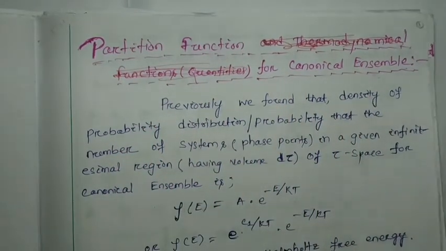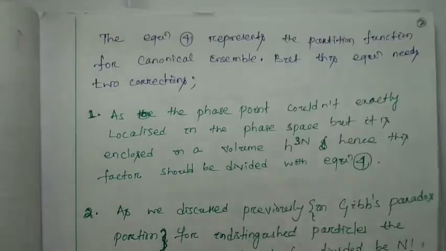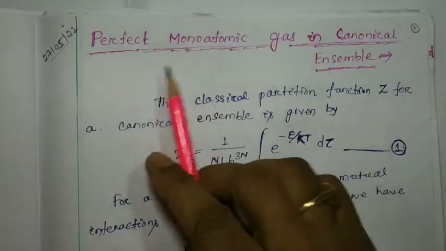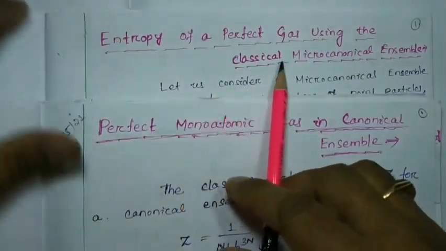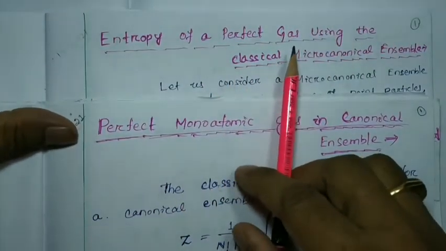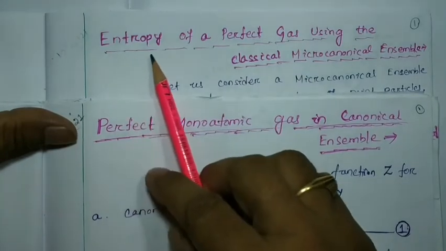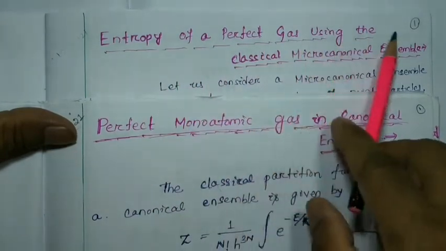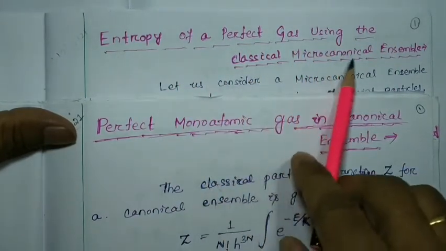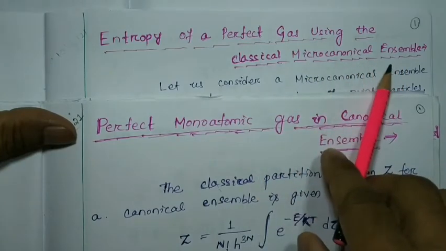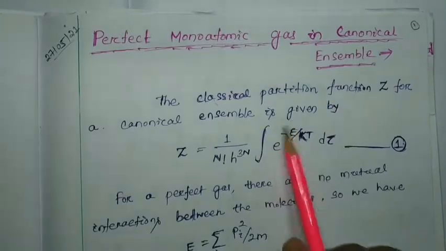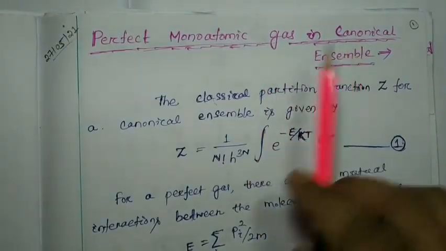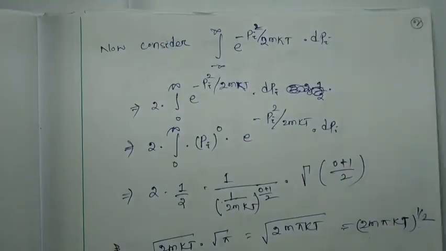Then we go for the perfect monoatomic gas in the canonical ensemble, whatever we discussed in the last two classes, the entropy of a perfect gas using the microcanonical ensemble. Here also we are going to find the entropy in the canonical ensemble.